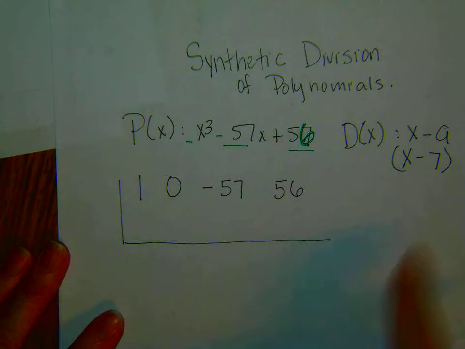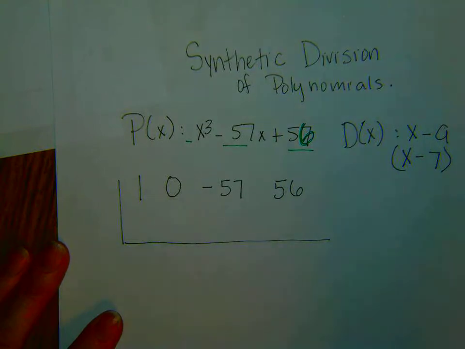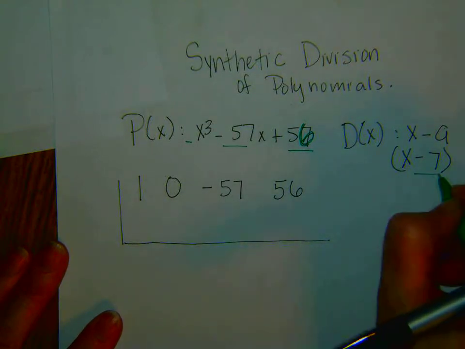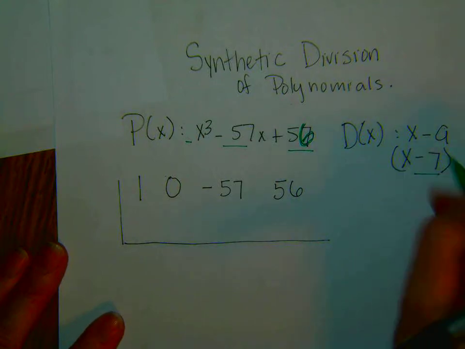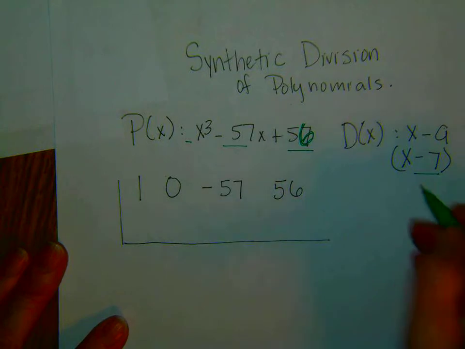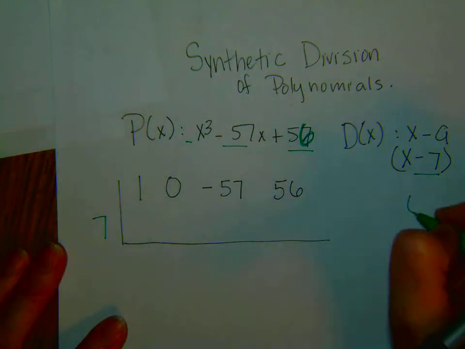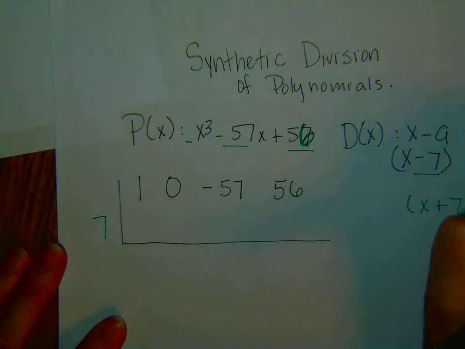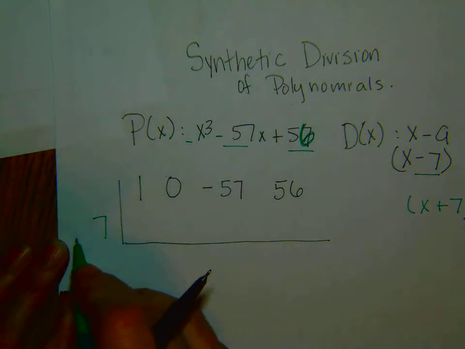Now what I need to do is decide what I'm going to divide by. I want to divide by x minus 7. So I see here it's x minus a, and what I'm going to divide by is whatever is opposite to that factor. If I had x plus 7 here, then I would actually divide by a negative 7.